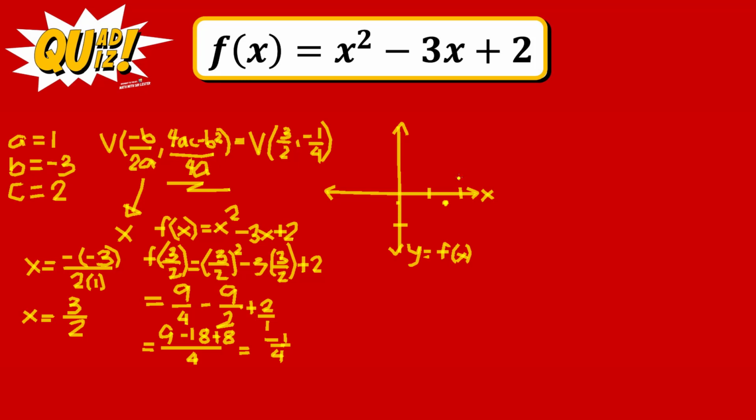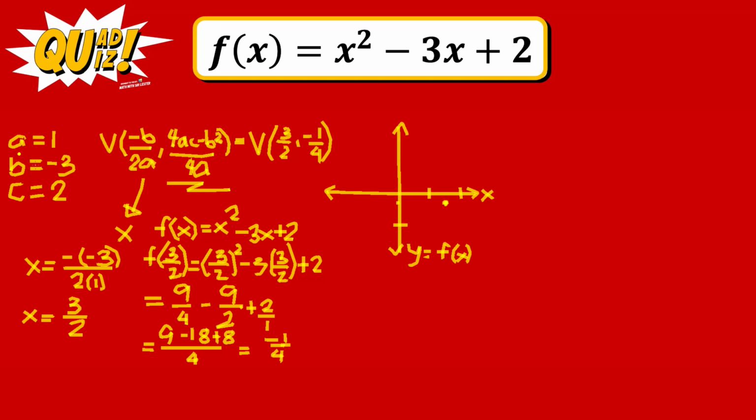Now, speaking of the graph, again, it's not needed, but just for illustration, the graph here is opening upward. How do we know that? Because of our coefficient A, which is positive. You might want to review similar discussions to that, and we have a separate video for that, by the way.